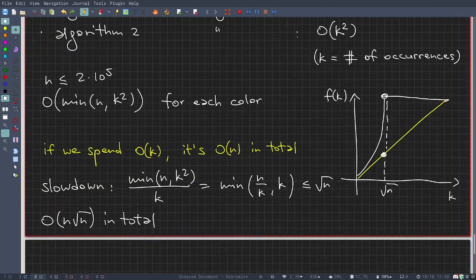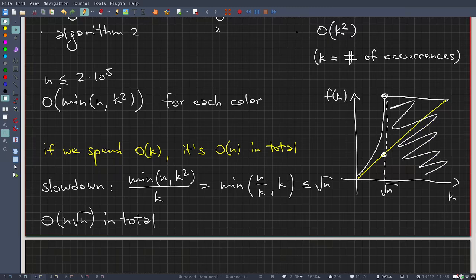Otherwise you could just say, okay, let's divide it into two parts: colors which appear at least square root of n times, but there are at most square root of n of them. So we spend O(n) times square root of n.